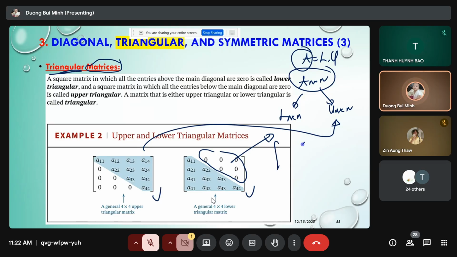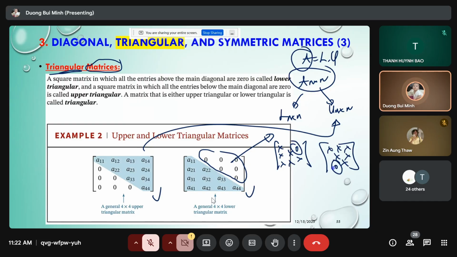For easy judging, you just say for lower, this part is random and this part is 0. For upper, this is the diagonal, and this part is random and this part is 0. That's all.